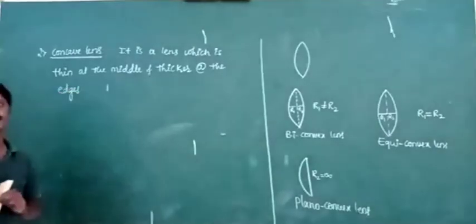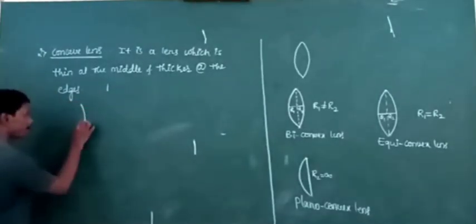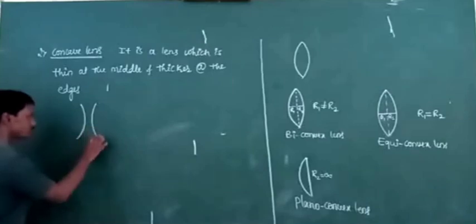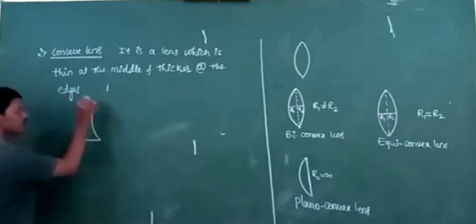Now let us draw the diagram for concave lens. It is the diagram for the concave lens.